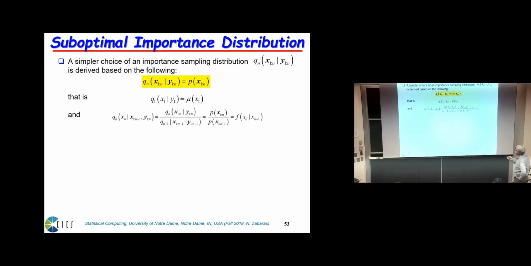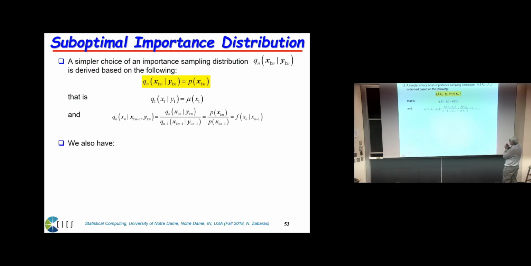So the idea here is, if you do this approximation without any involvement from y's in the way you sample the states x, then it comes out that this incremental proposal distribution for x n that we had before is nothing else but your transition model from x n minus 1 to x n.